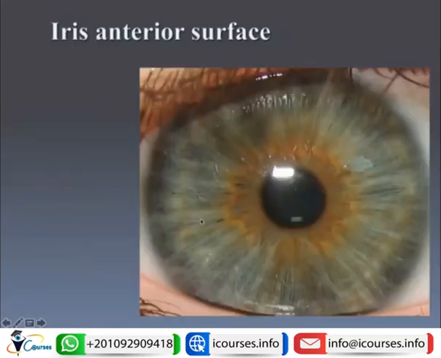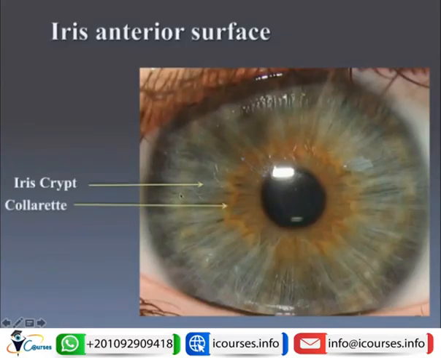So what about the anterior surface of the iris? We have some important landmarks, which are called the iris crypts. The iris crypts are depressions within the surface of the iris, and we have the collarette, which is the thickest part of the iris, which acts as a ridge encircling the pupil and separated from the pupil by about 1.5 millimeters.